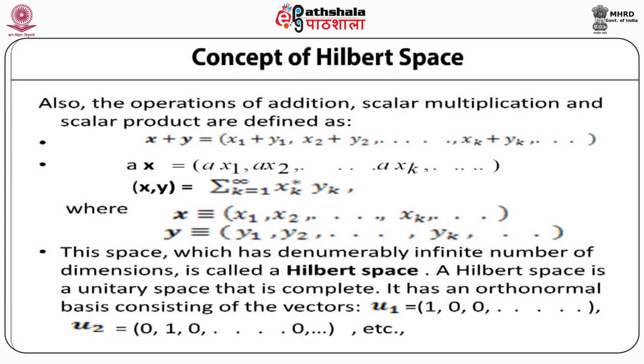Further, it has an orthonormal basis consisting of the vectors u1, that is vector u1 is equal to 1, 0, 0 and so on. Vector u2 is equal to 0, 1, 0, 0 and so on, and so on. That means we can define vectors u3, u4 and so on.